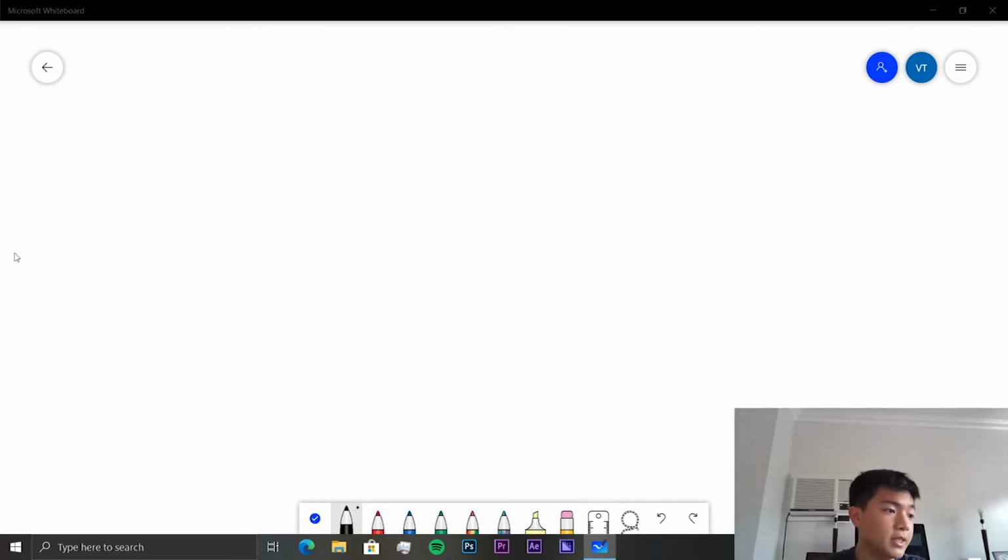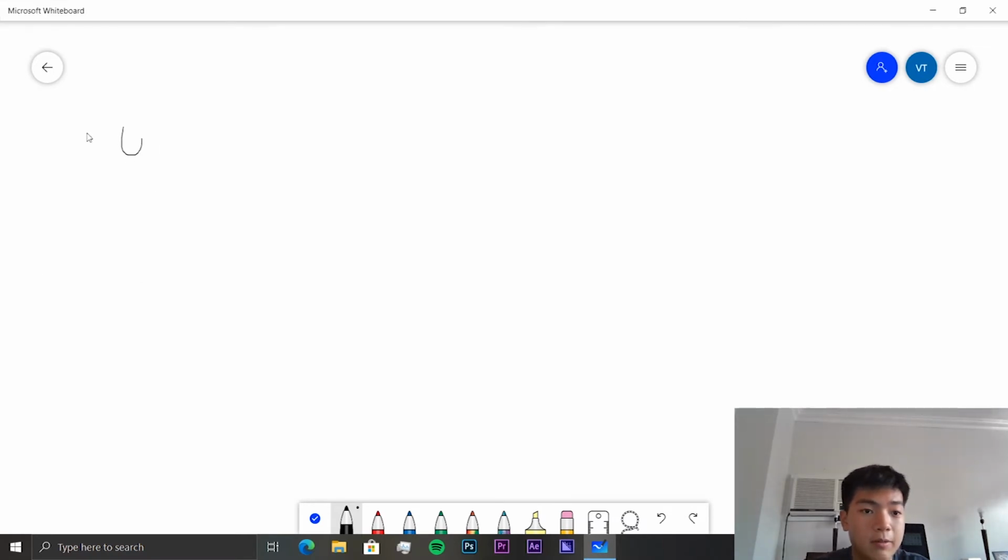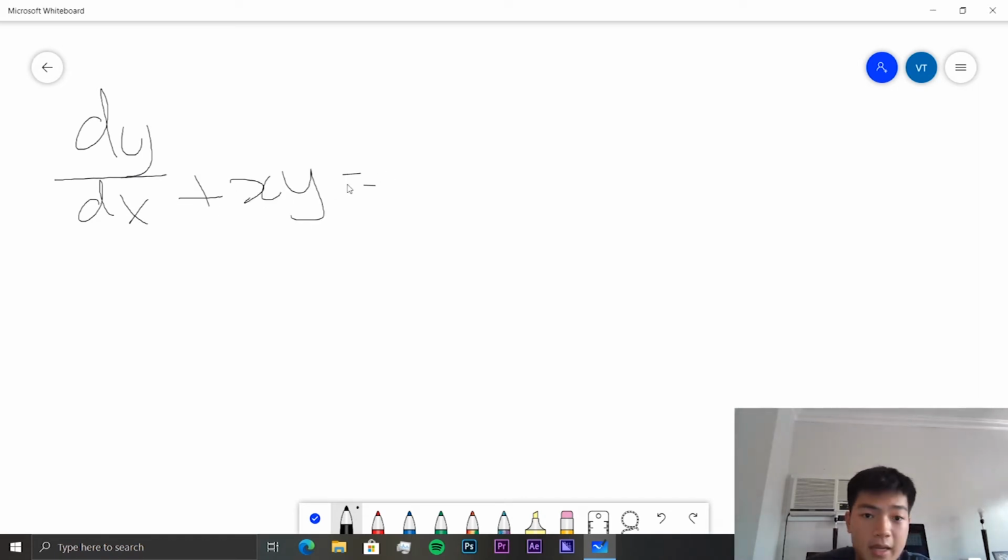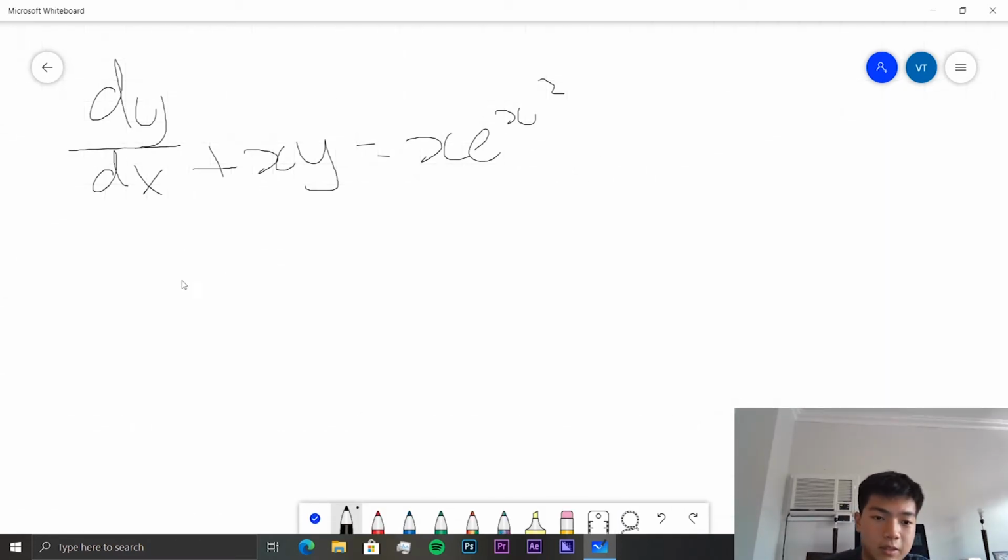And then the next question we have dy over dx plus xy is equal to x times e to the x squared. So to get the integrating factor here, this will be equal to e to the integral of x dx, which is e to the power of 1/2 x squared.